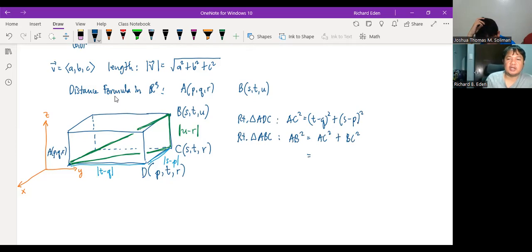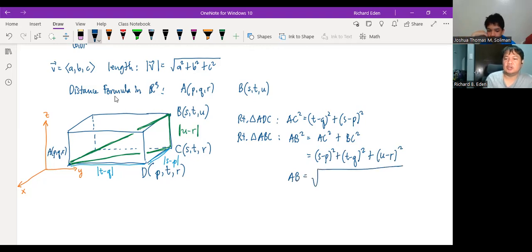But AC squared is what we actually wrote above: (s minus p) squared plus (t minus q) squared. And then finally, BC squared is (u minus r) squared. In other words, AB is the square root of (s minus p) squared plus (t minus q) squared plus (u minus r) squared.